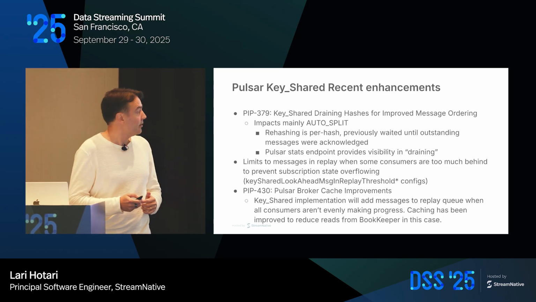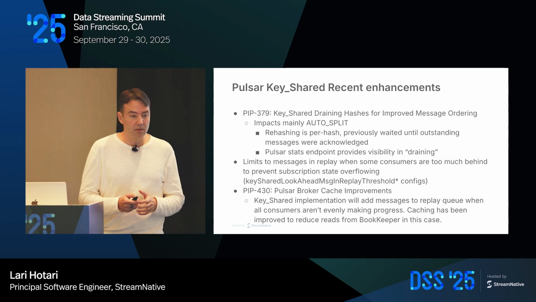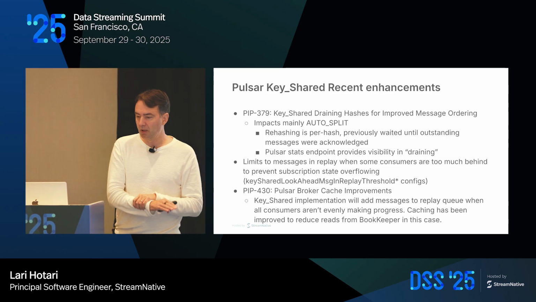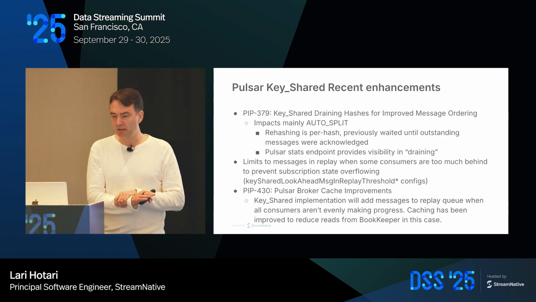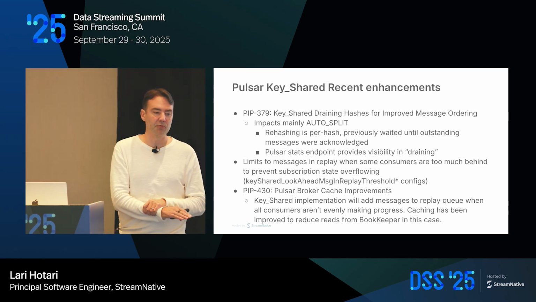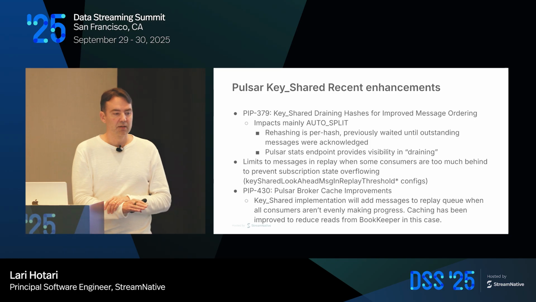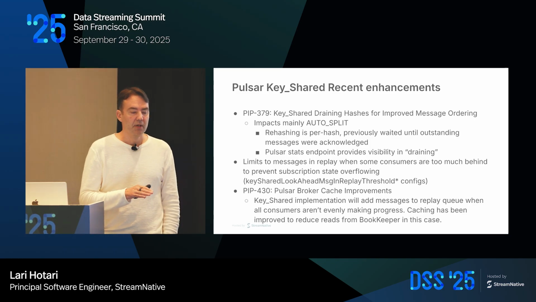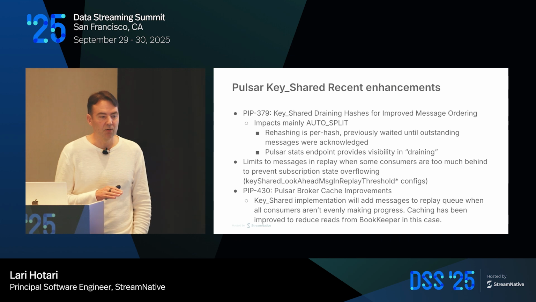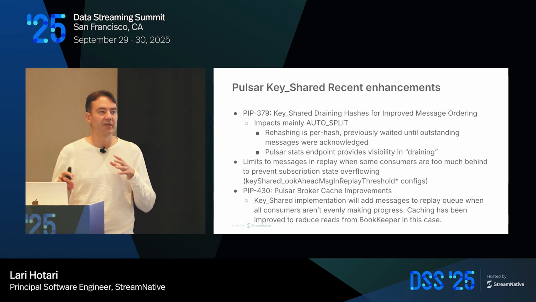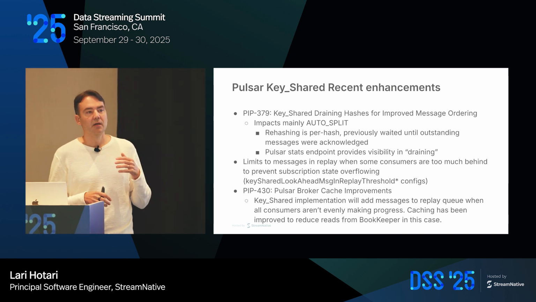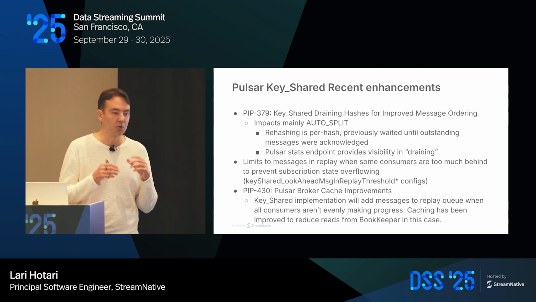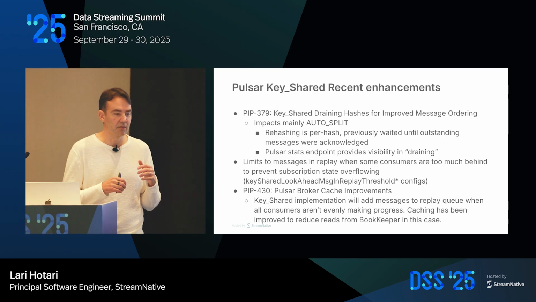So then before the demo, I'll just mention these recent Pulsar key shared enhancements. These actually came out already in Pulsar 4.0, PIP 379, where the way this repartitioning or rehashing happens is that there's a so-called draining hashes solution.